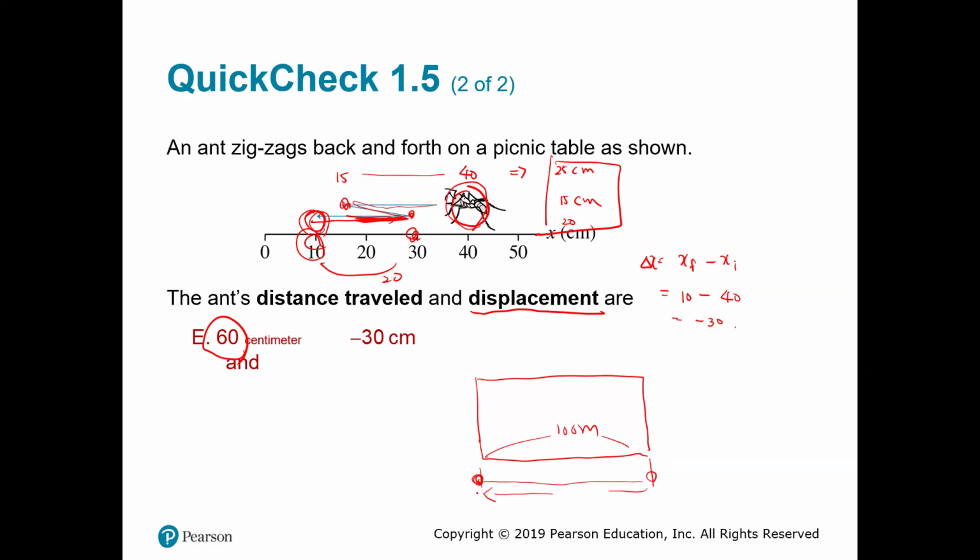Of course, it's 200 meters. But what is your displacement? 0. Why? Because your initial position is here and your final position is here. Displacement only depends on the initial and final position. It does not depend on path.